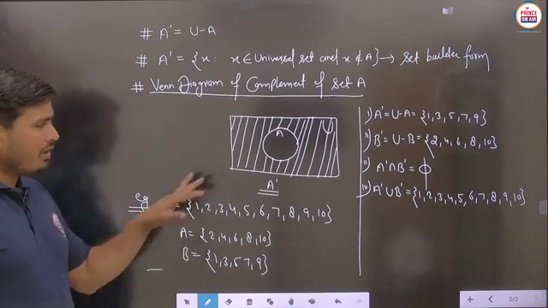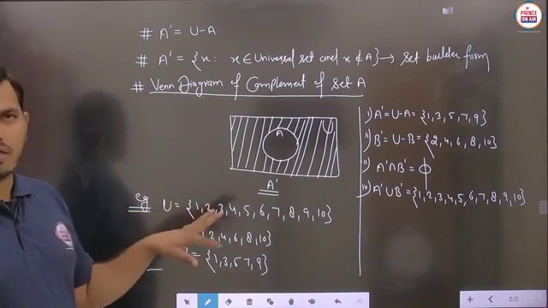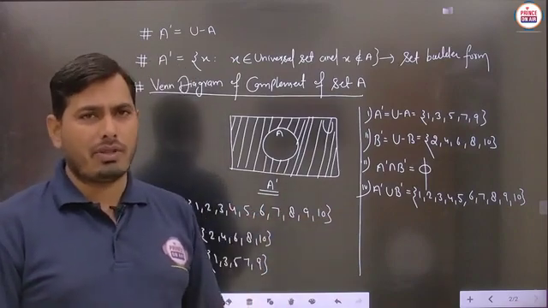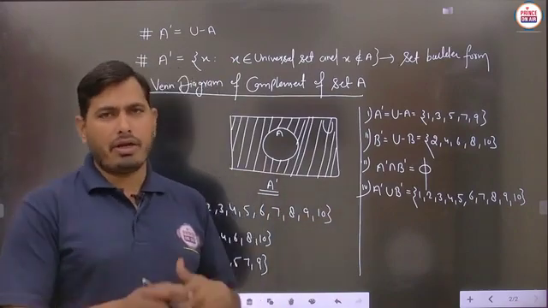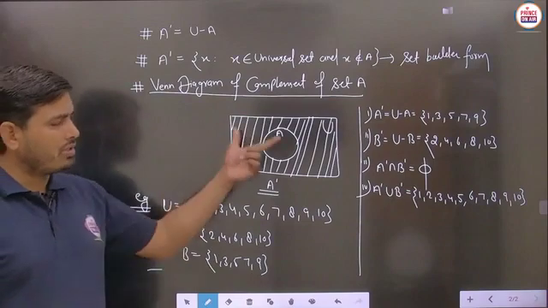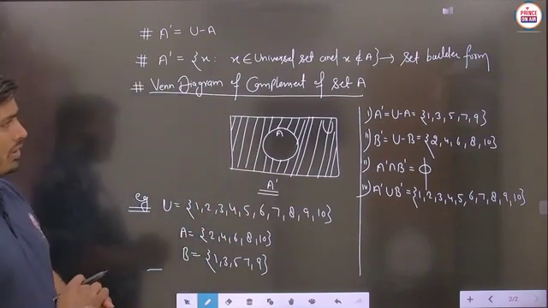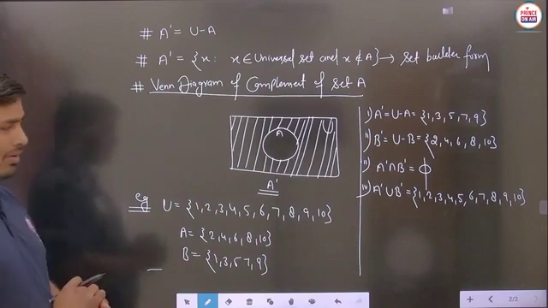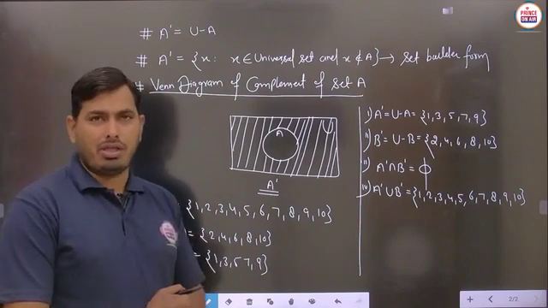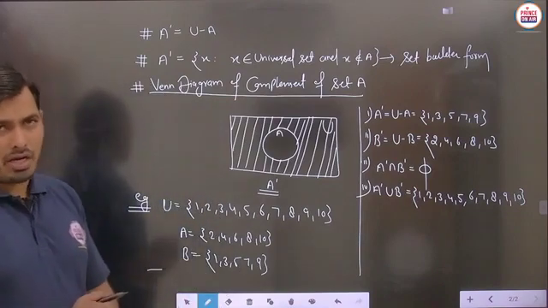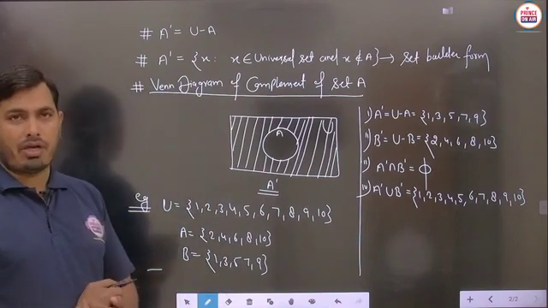So students, in these examples you can understand the basic complement of the set, how the complement of the set is obtained, and how it is written here. So you can check each and everything. Is it clear? So pause the video to note down the things. Now we will take some more examples, and after that we will also see some basic properties related to the complement of a set, which are very important properties we are going to discuss.